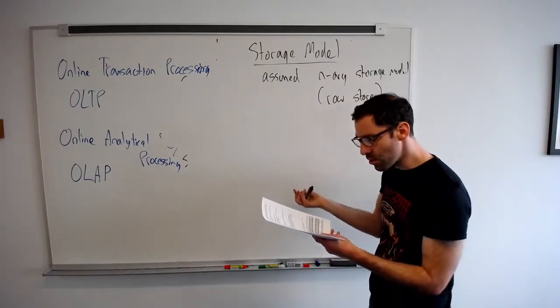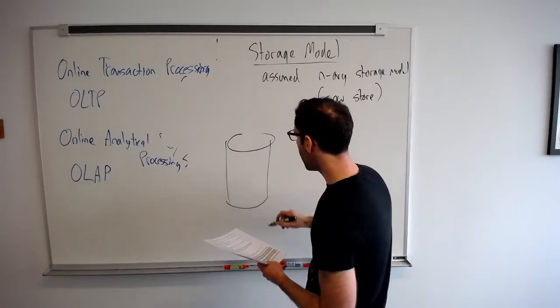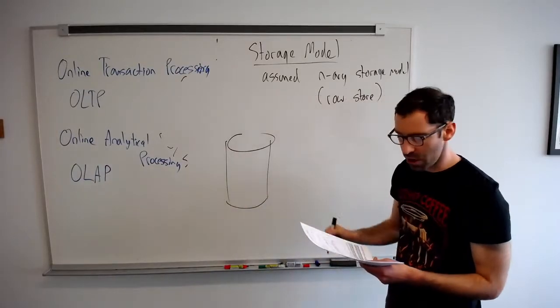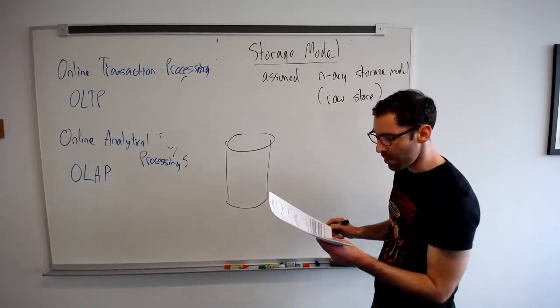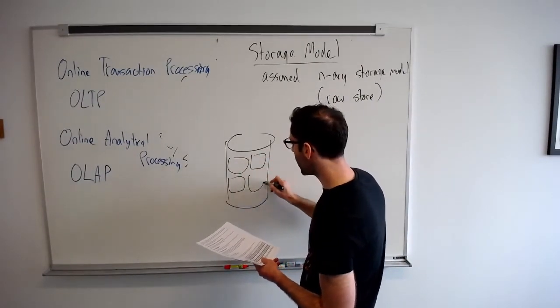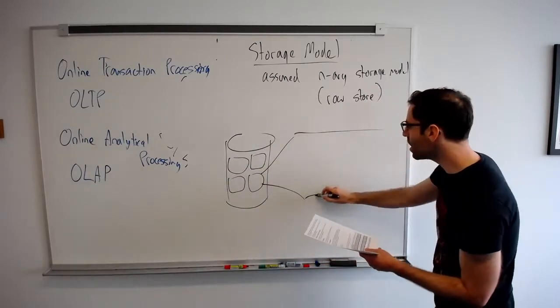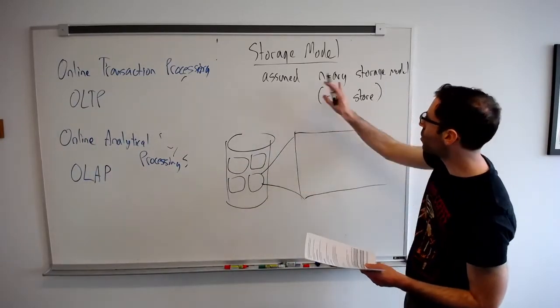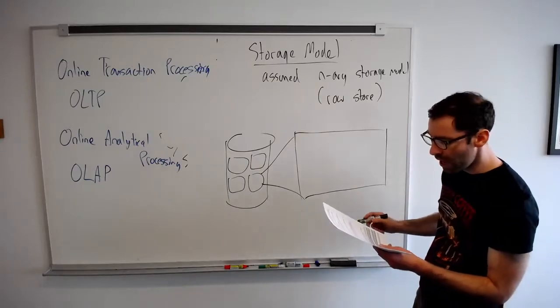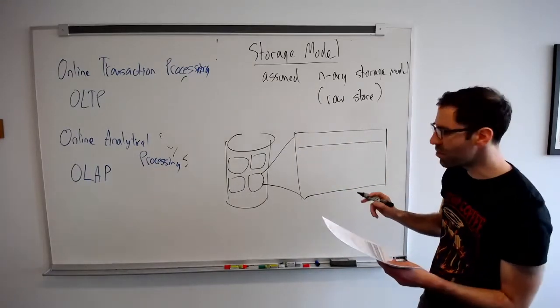And so what this looks like is if we have our database, which I'll draw as this very sketchy cylinder. There are a bunch of pages within our database. And what's actually in a page under our NSM storage model is that each tuple is stored contiguously.